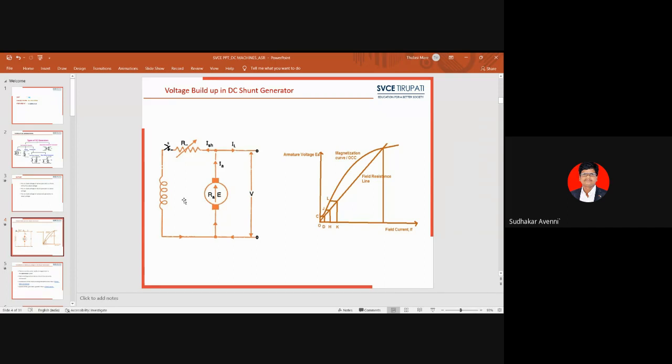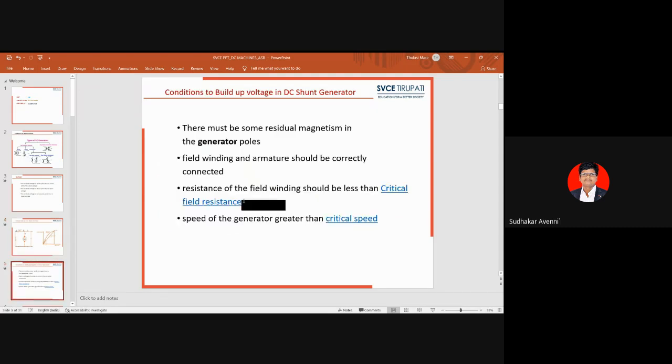So this is a very important point that helps to build up the voltage in DC shunt generators, or self-excited generators. For that reason, the resistance of the field winding should be less than the critical field resistance.